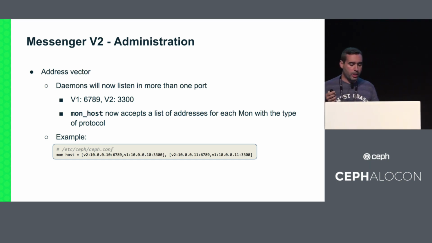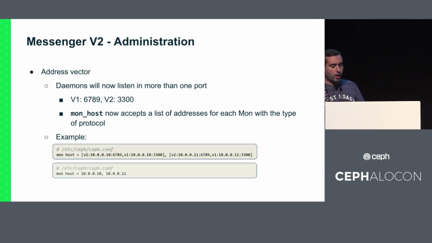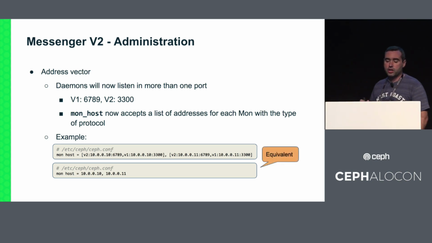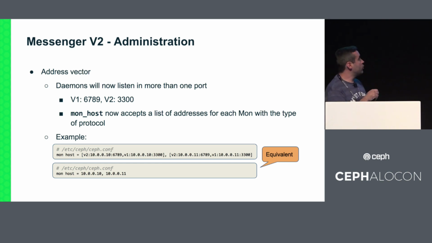Of course, we still allow you to specify, as you were used to, just a list of addresses for each mon, and these are equivalent. If you just specify the IP address, we will assume that you will use the default ports.